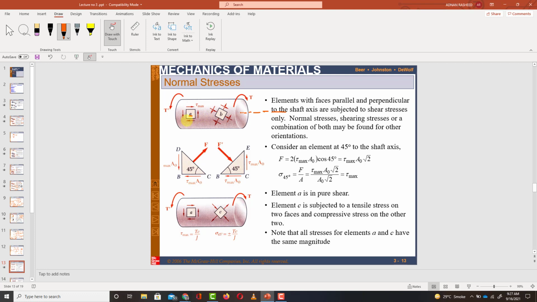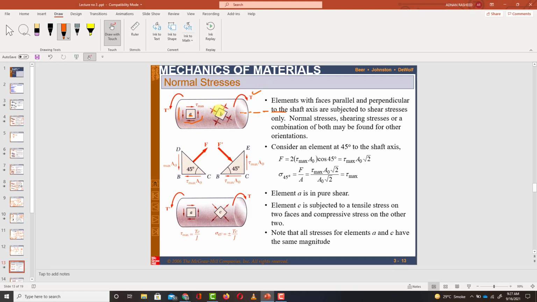Clear? So if the faces are parallel or perpendicular, then the problem is under pure shear. This problem is under pure shear. There will be no normal stresses due to the torque or torsion.